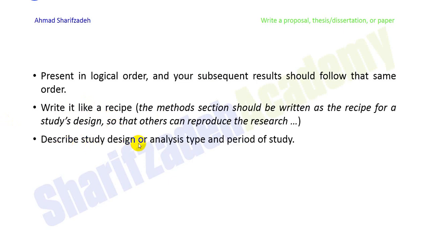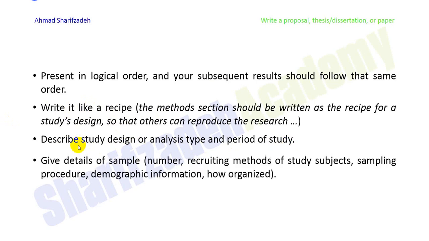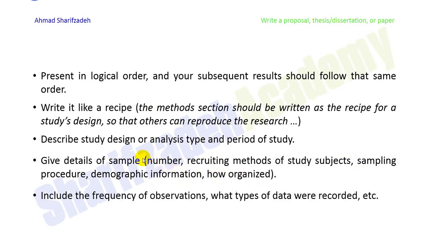Describe the study design or analysis type and the period of study, the time of study. As you know, give details of the sample: number of participants, recruiting methods, sampling procedure, demographic info, how I organize them, how I group them, and a lot more things related to my sample.